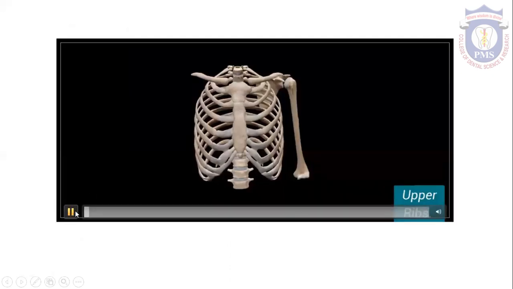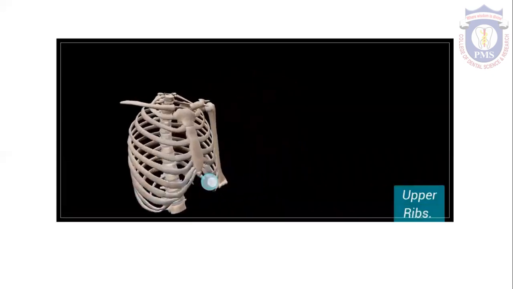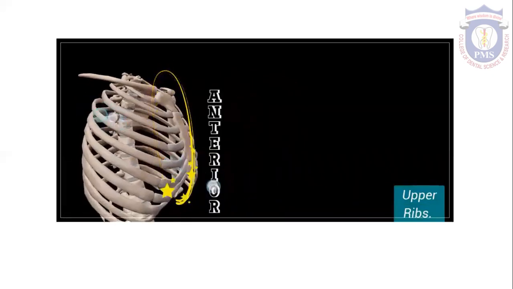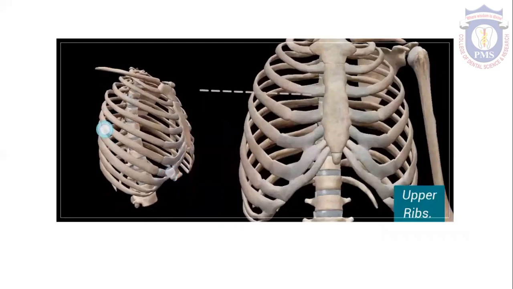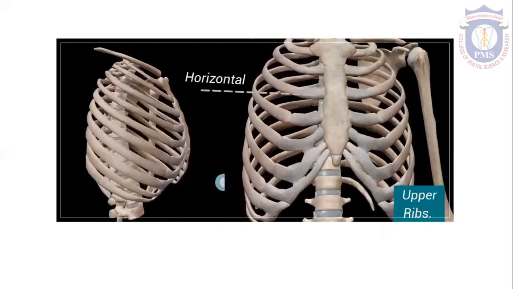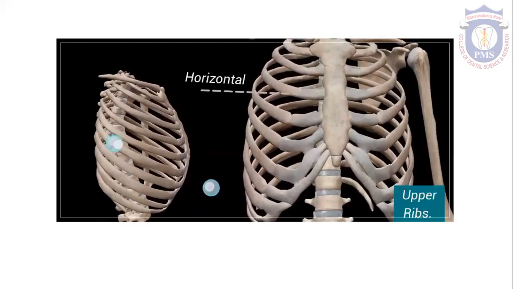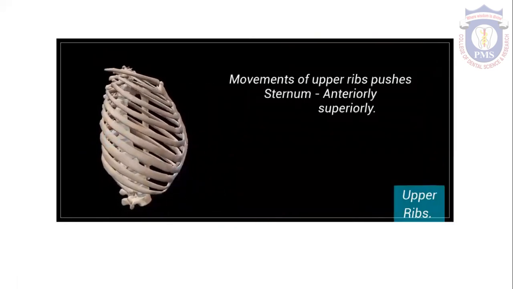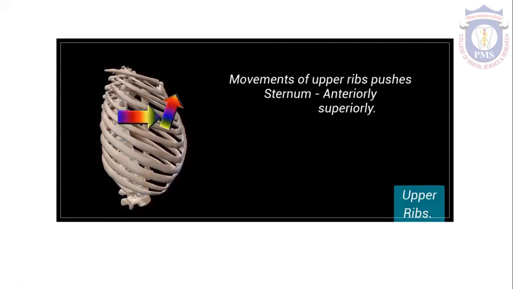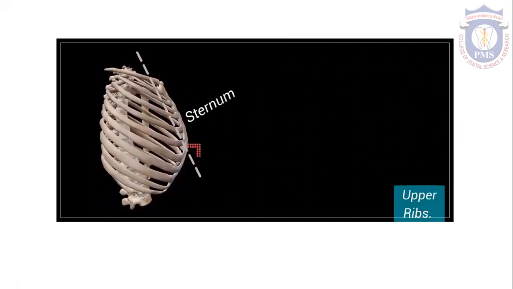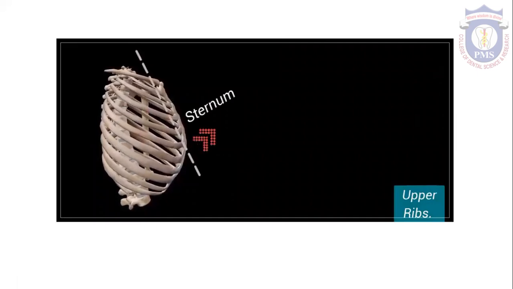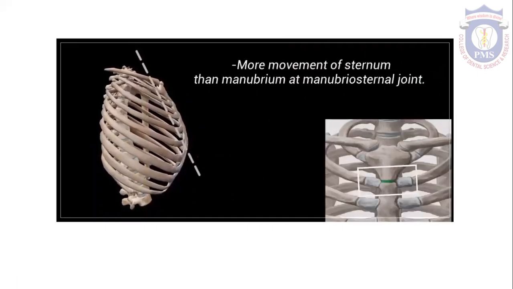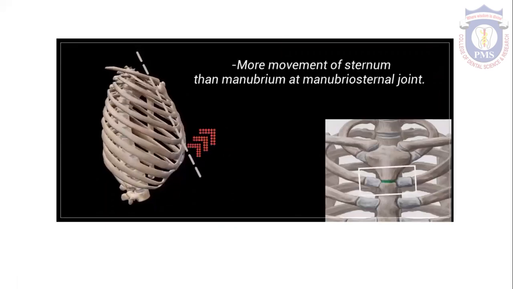In the upper ribs, most of the movements occur at the anterior aspect. The costal cartilage rotates upward, becoming more horizontal with inhalation. The movement of the ribs pushes the sternum anteriorly and superiorly. The increased movement of the sternum in relation to the movement of the manubrium results in slight movement at the manubriosternal joint.